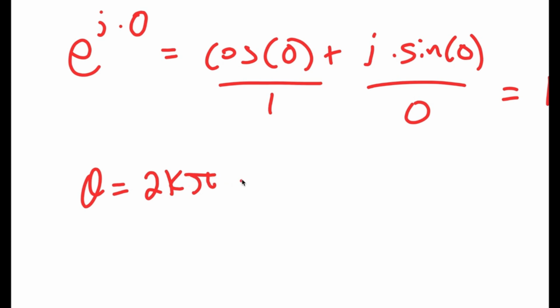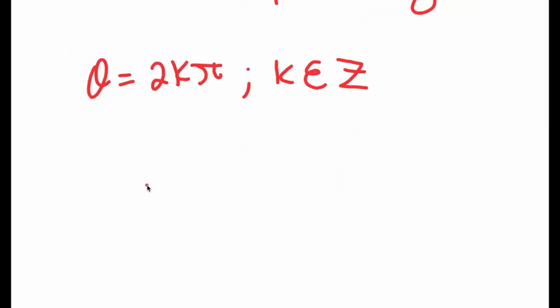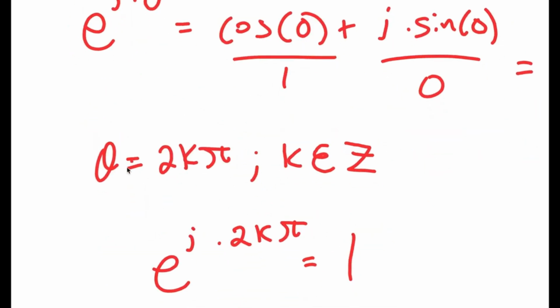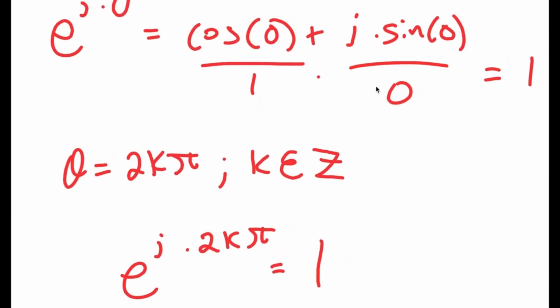And k is just a substitution for all integers. So now I get e to the power of i times 2k pi is equal to 1, because all we did was substitute 2k pi in for theta.